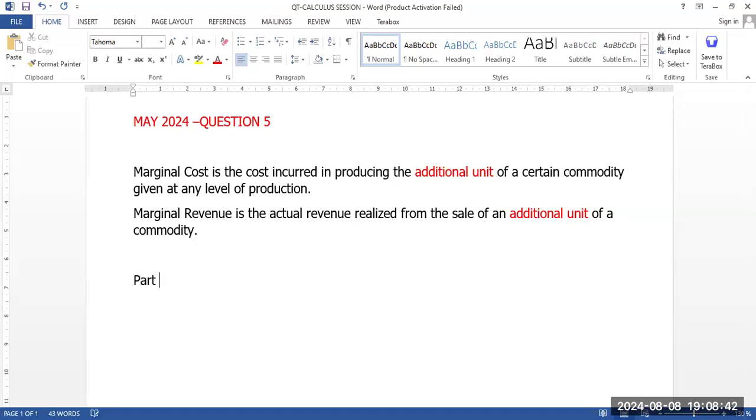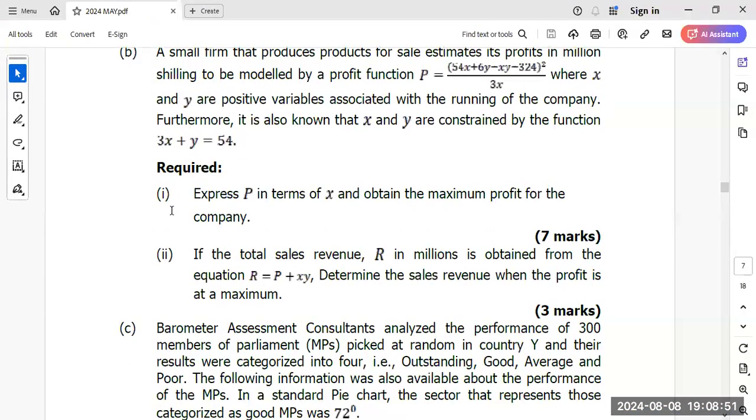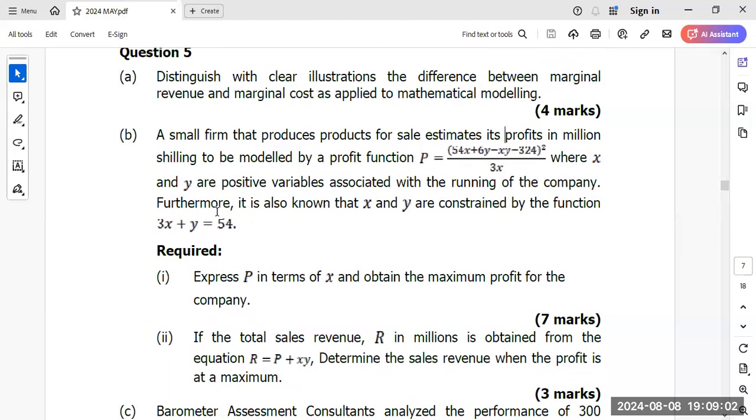Then part B. They are telling us to express P in terms of X and obtain the maximum profit for the company.